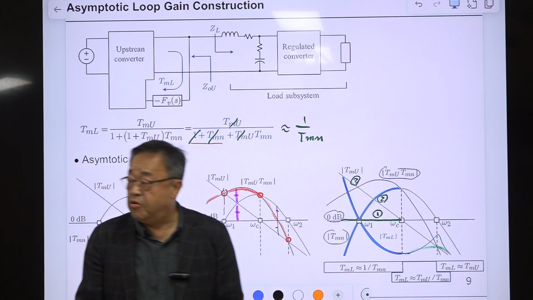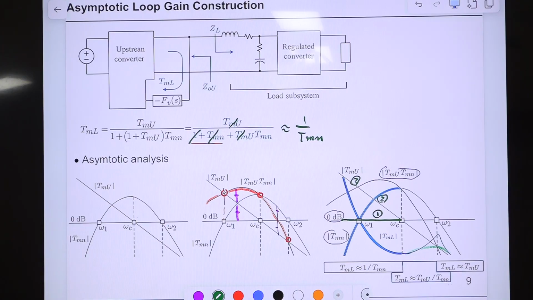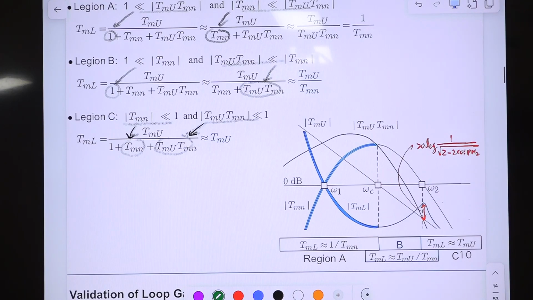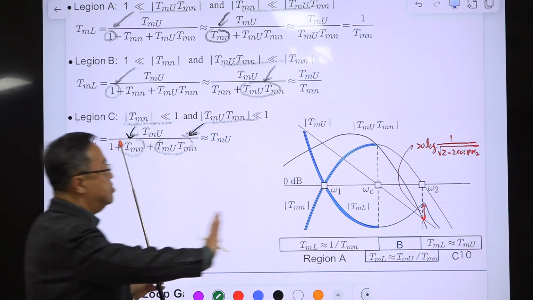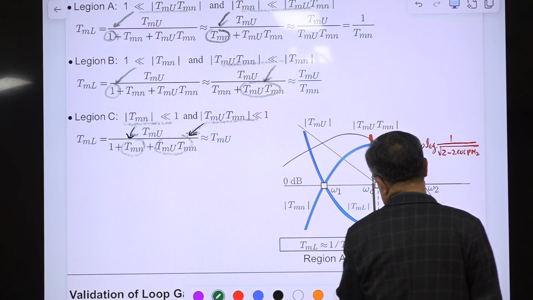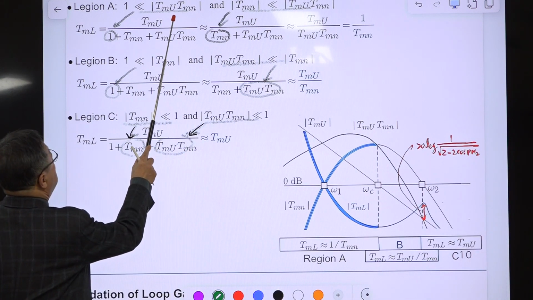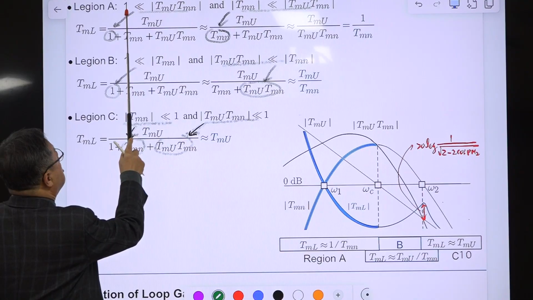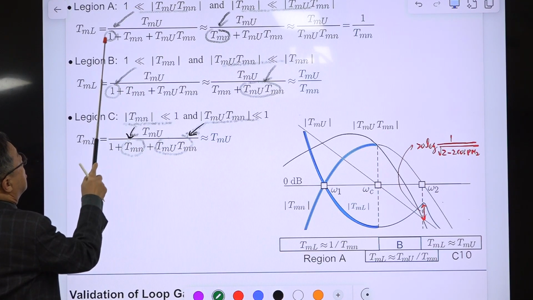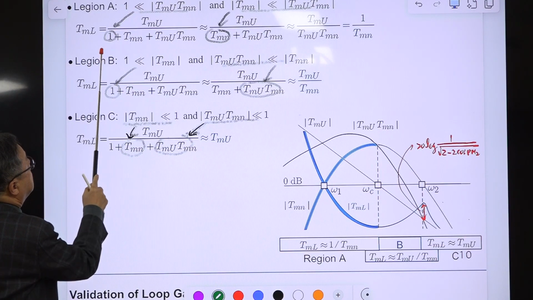Okay, so this is the simple verification. All right, so I divide into 3 frequency ranges. For this frequency range, this is true. TMU times TMN is much larger than this. Then comparing this and this, you drop this.